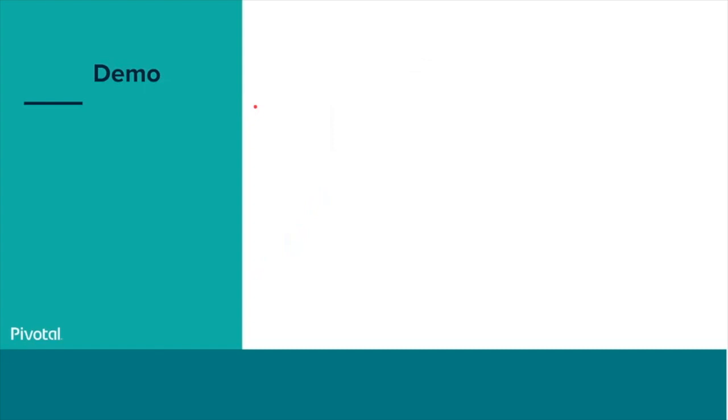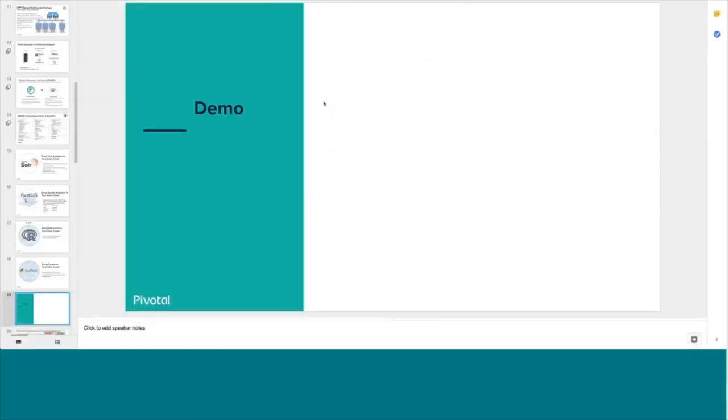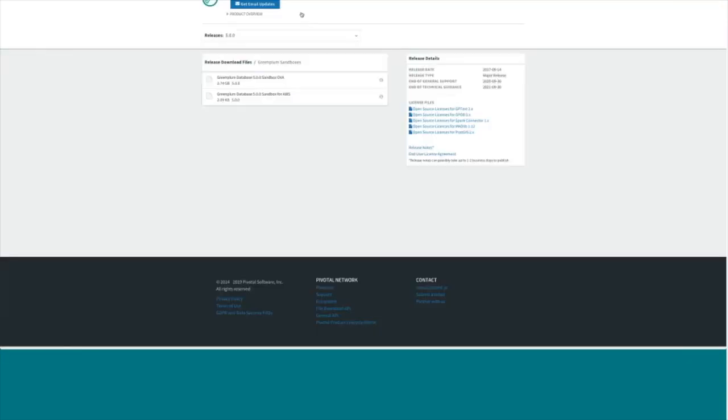For someone who wants to try it out after this webinar, the best way to get started is to search Google for Greenplum Sandbox. It will take you to this page, network.pivotal.io, where we give you an OVA file.